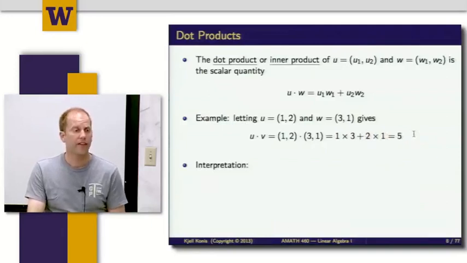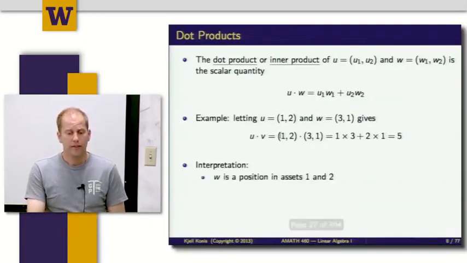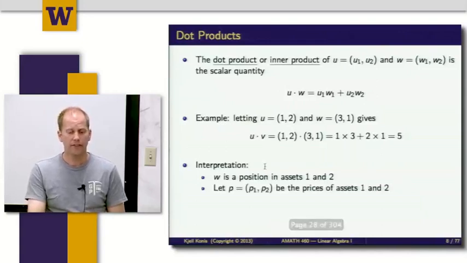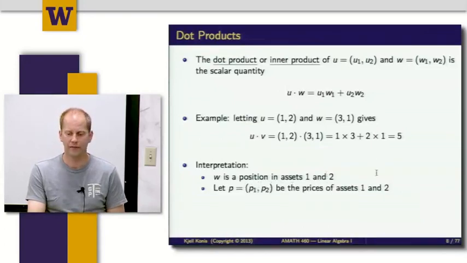The reason this type of product makes sense is something we can understand with my portfolio example. Remember, W was my position in assets 1 and 2. W1 was how many shares of asset 1 I own, and W2 was how many shares of asset 2 I own. Suppose I have another vector, P1 and P2, that are the prices of asset 1 and asset 2.